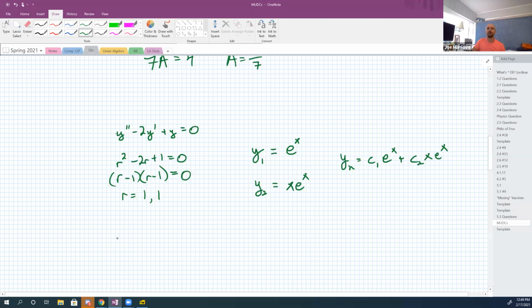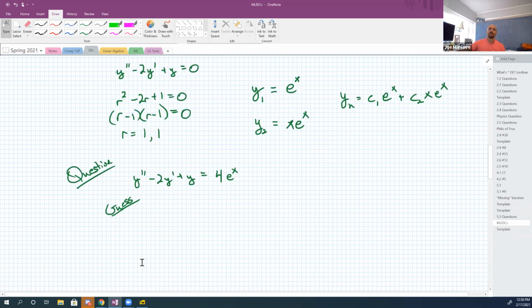So then my question is, if I have y double prime minus 2y prime plus y equals, not 0, but equals, say, 4 e to the x, what's my guess look like here? First pass, you look on the right-hand side, you see an e to the x.